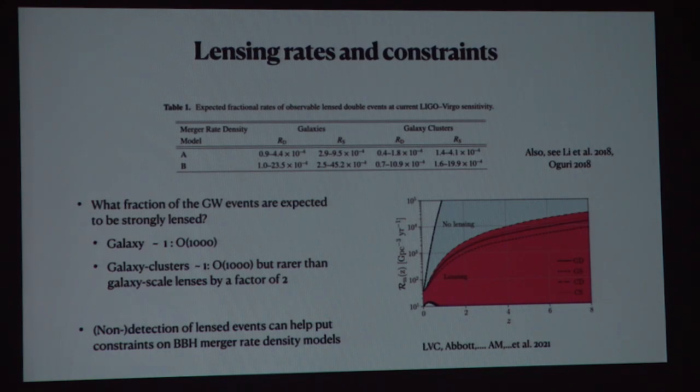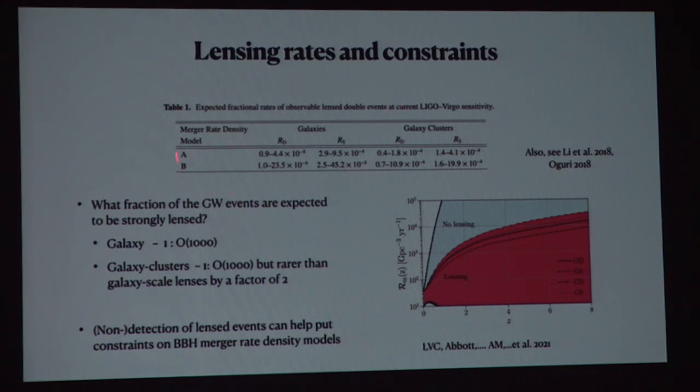Let's say in some of the best cases, we expect about 1 in 1,000 events to be lensed by galaxies, and also there are going to be galaxy clusters, much more massive systems which can also act as lenses, and they have roughly similar rates, but they are somewhat rarer than lensing by individual galaxies.